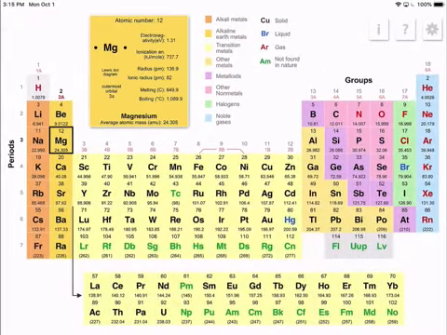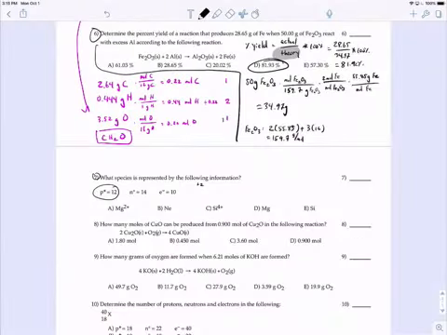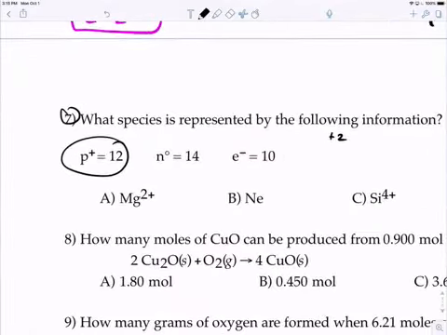Magnesium is here, number 12. And since it's got 2 fewer electrons, it's a plus 2 charge. So it's that one. Questions with this one? How that works?